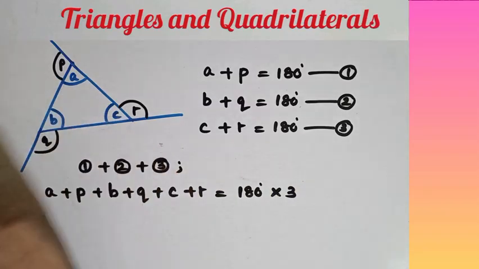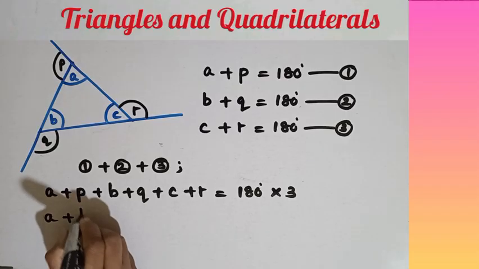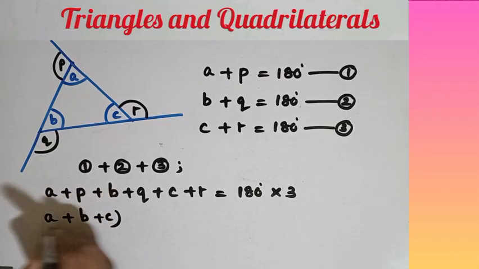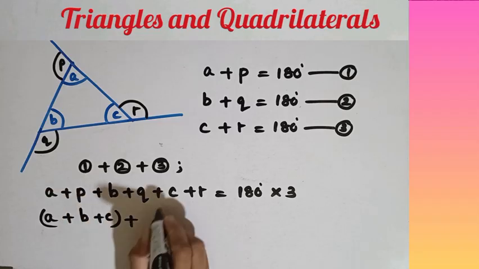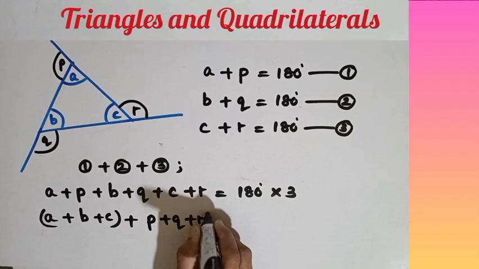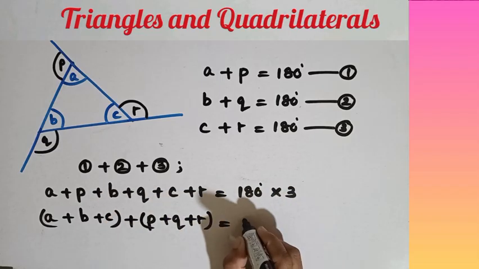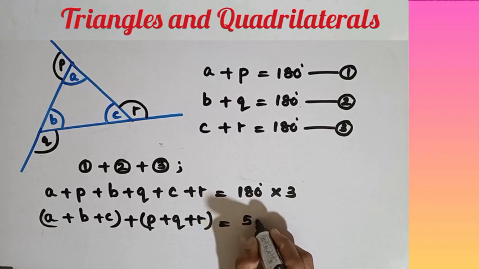Here A, B, C are the three interior angles of this triangle. So we can separate A, B, C and P, Q, R. Here the addition is 540 degrees.